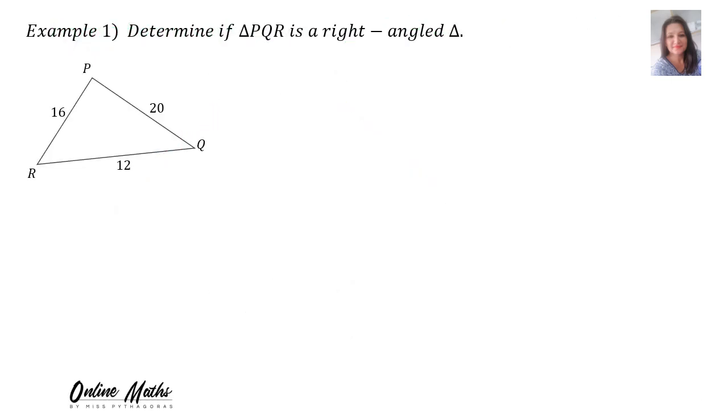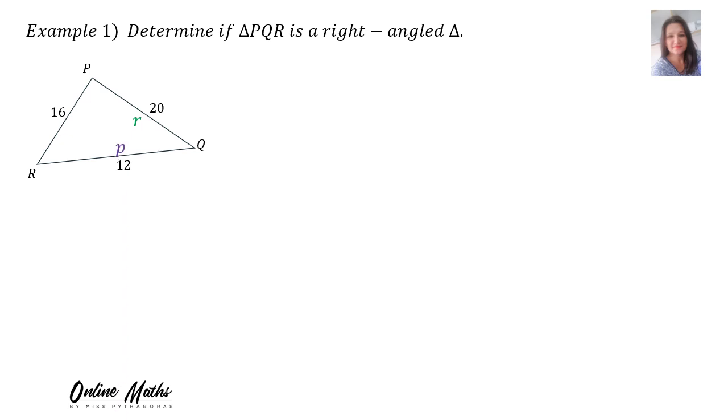Now let's look at an example. Example 1. Determine if triangle PQR is a right-angled triangle. So what you will do is, first of all, go to the triangle, and then do you agree that this is side little r, the side opposite angle r is little r.